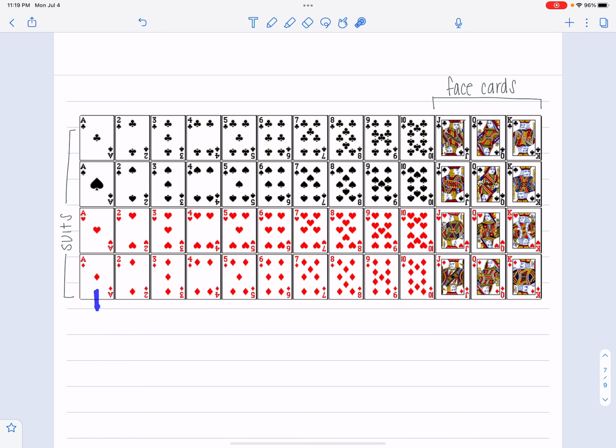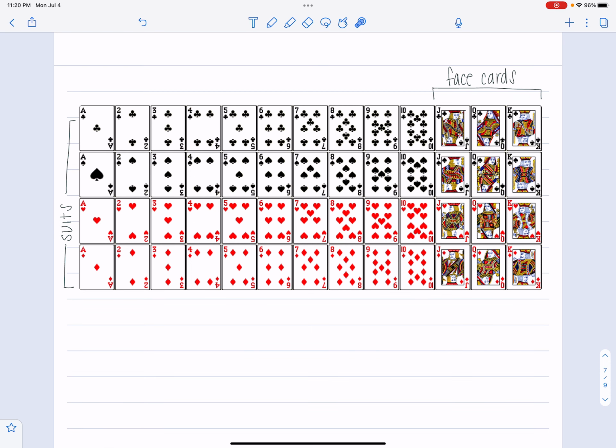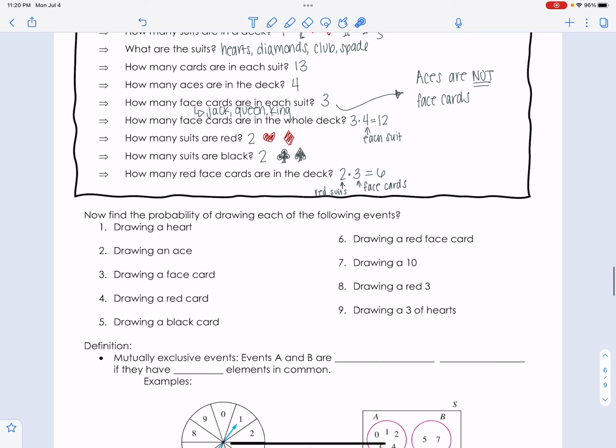So there's an ace, no 1, all the way up to 10. And then you also have jack, king, and queen, which are considered your face cards. So with that being said, let's use this picture or our knowledge of playing cards, and let's answer some of the questions about a standard deck of cards.